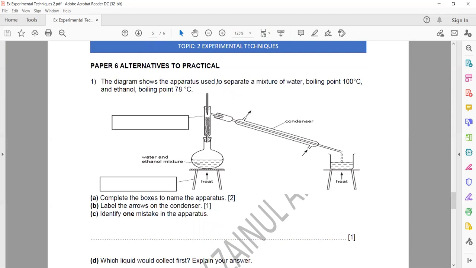Then a diagram shows operators used to separate the mixture of water, which has a boiling point of 100, and ethanol, which has a boiling point of 78. Complete the boxes to name the operators.